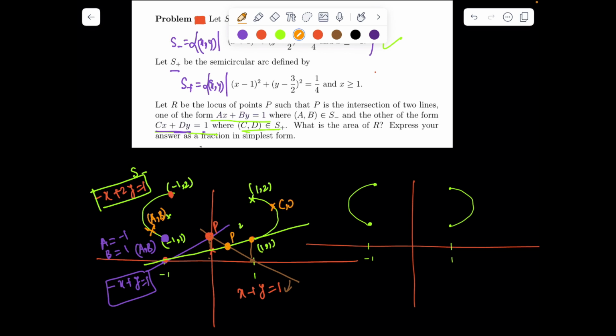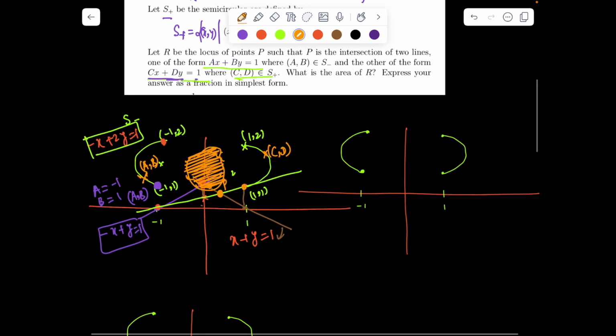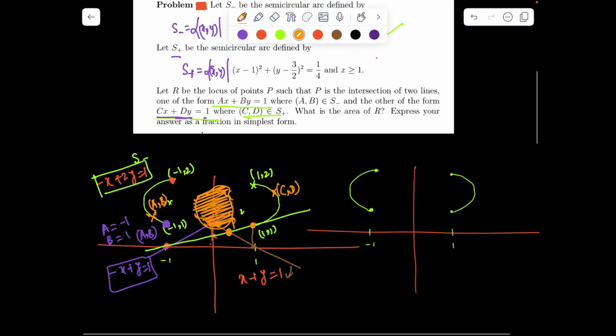So if this ordered pair is A comma B and the other is C comma D, this will represent any two random lines and that will represent one point P. So point P will be infinitely many points here in the plane. Okay, so it will bound some area. We need to find the area bounded by all the set of points P such that AB comes from the left arc and CD comes from the right arc.